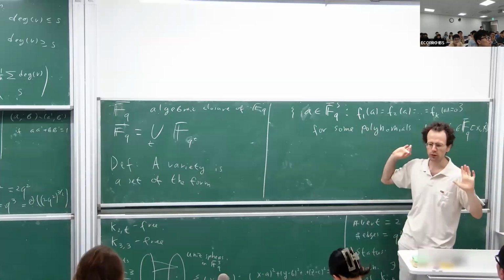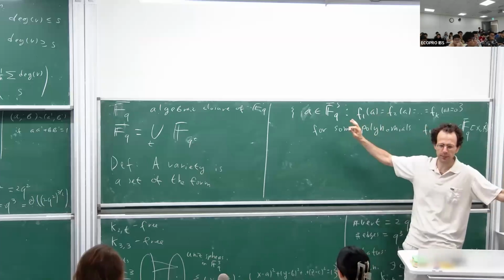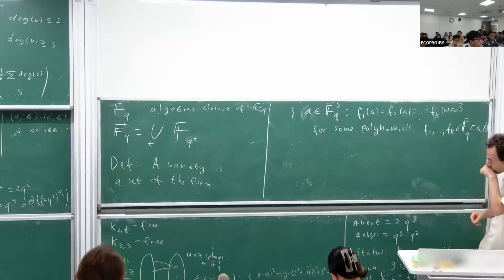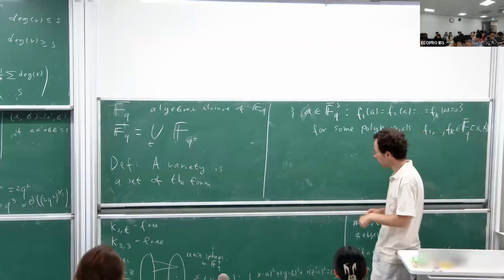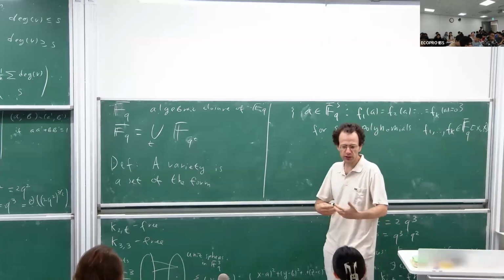That's what we call a variety. Again, it's analogous to a linear subspace: if the polynomials are linear, this will be a linear subspace. Much like for linear subspaces, there is a notion of a dimension.